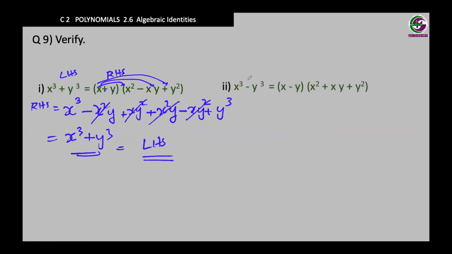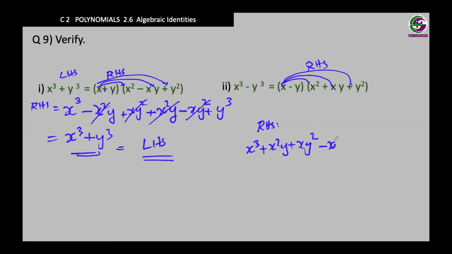Now the next part of the same question is with a negative sign. Again, first, second, third. So the RHS will give you x cube plus x square y, x with xy square is xy square, minus yx square or x square y.